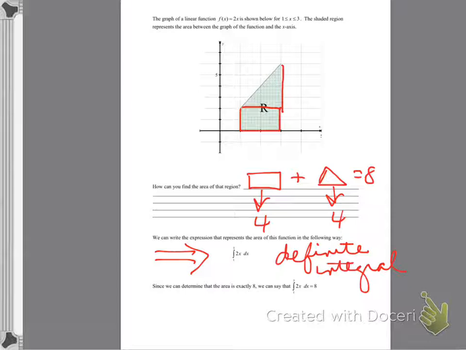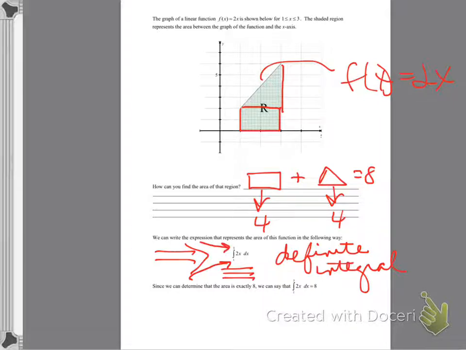So since this function is the function f of x equals 2x, to indicate we want to take the area, we would do it this way. Now, it's a definite integral because it has endpoints that are indicated, and they are 1 and 3.